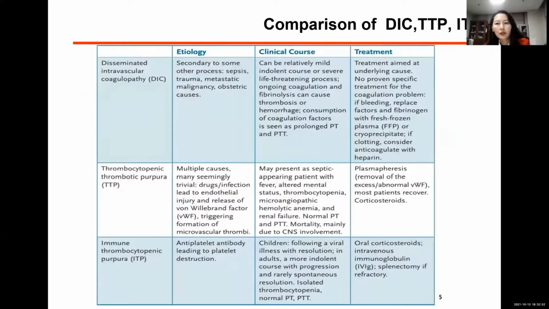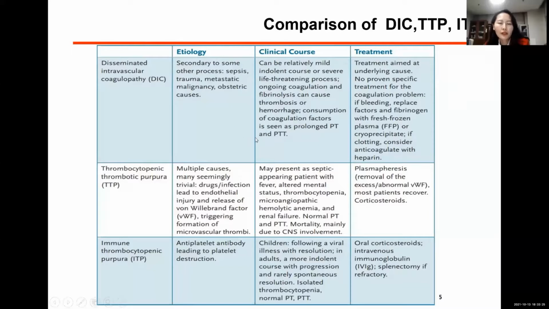This is a chart for comparison of DIC, TTP, and ITP. DIC is secondary to some other processes, such as sepsis or trauma. DIC's clinical course can be relatively mild, indolent, or severe, life-threatening processes.